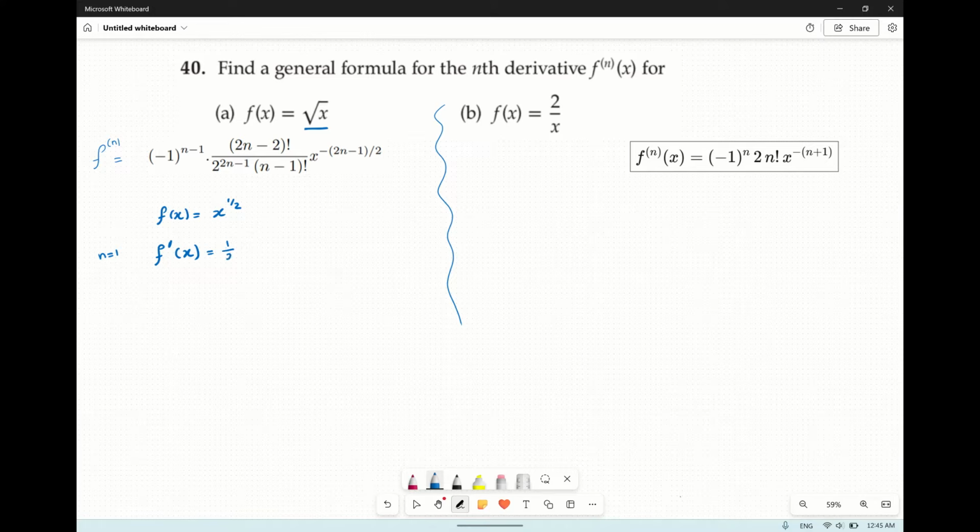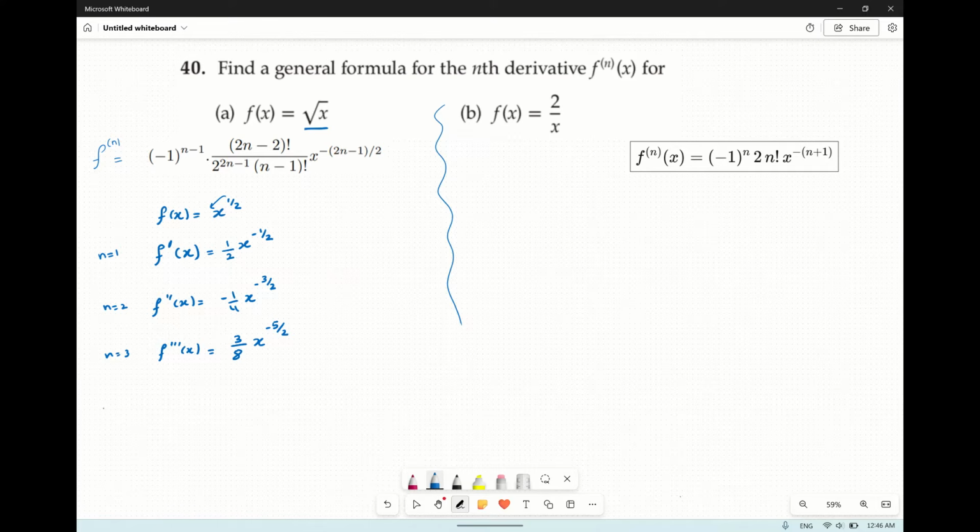So if I find the first derivative, this will be half x power negative half. Now if I find the second derivative, this is going to be negative 1 over 4 x to the power negative half minus half, which will be minus 1, so negative 3 over 2. Now if I find the third derivative, this is n equal 3, this will be 3 over 8 x to the power minus 5 over 2.